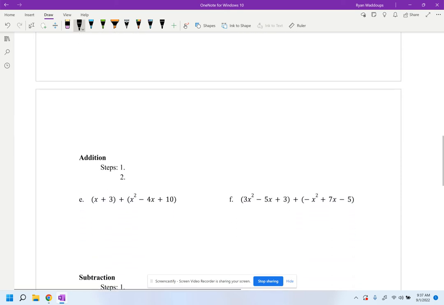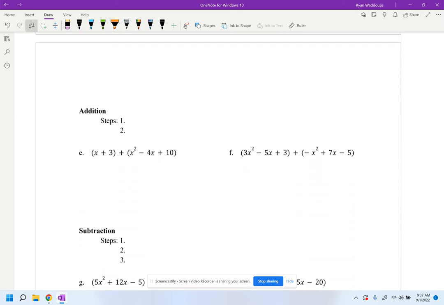All right, welcome back. We're going to continue on the idea of addition and subtraction. So, addition of polynomials. First, remove the parentheses.